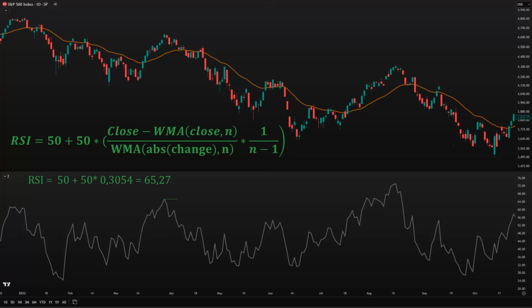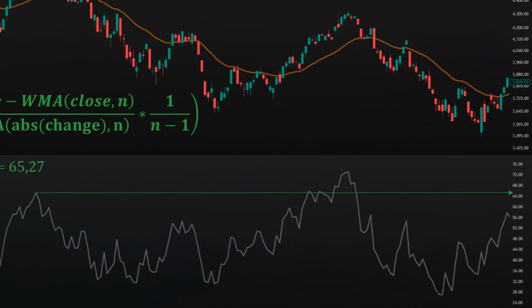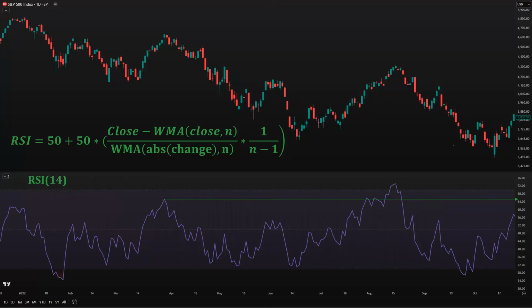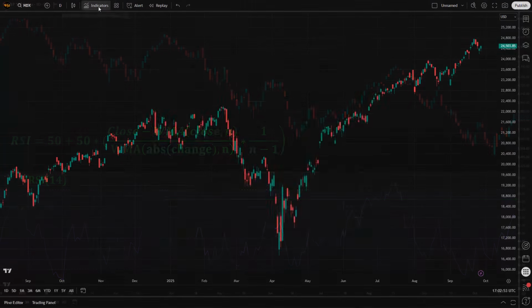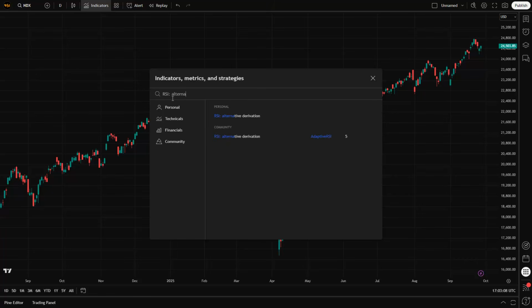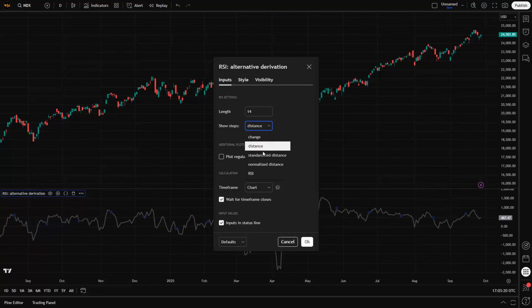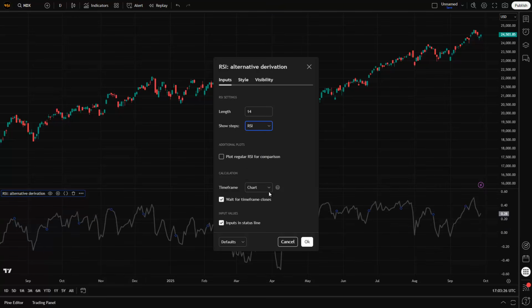For our example, we plug in 0.3054, first multiply it by 50 points, then add 50 points, and the result is 65.27 points. The only thing left is to compare traditional and alternative RSI. Same values, different path. This new formula is available in TradingView, so feel free to test it yourself. Just search for RSI alternative derivation in the indicator section and add it to your charts.